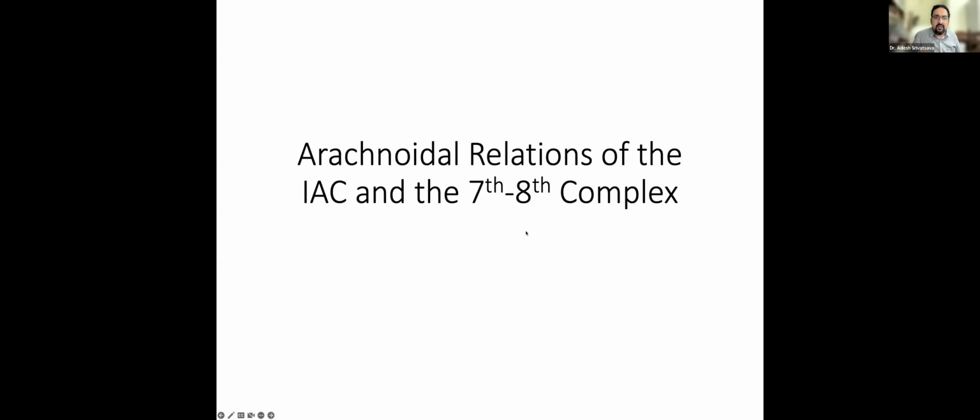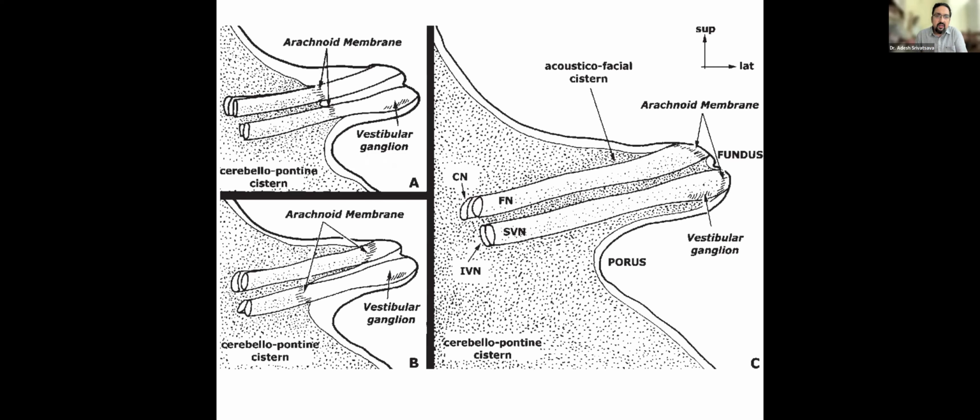Now, coming to the arachnoidal relationships of the internal auditory canal and the seventh, eighth nerve complex. We know that the CP angle has multiple arachnoidal cisterns. The vestibulo-cochlear cistern is the one that covers the seventh, eighth nerve complex, and its extension into the meatus is variable.